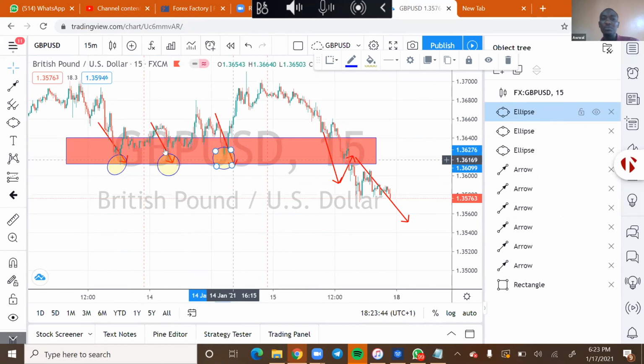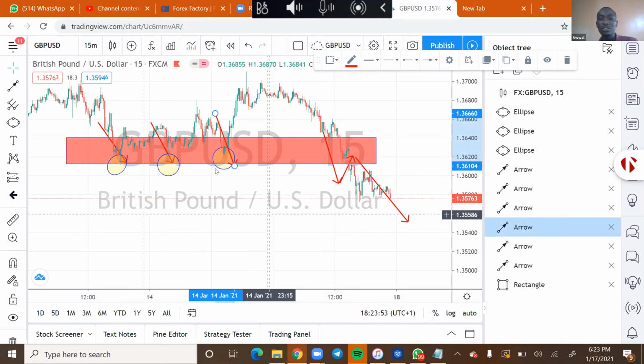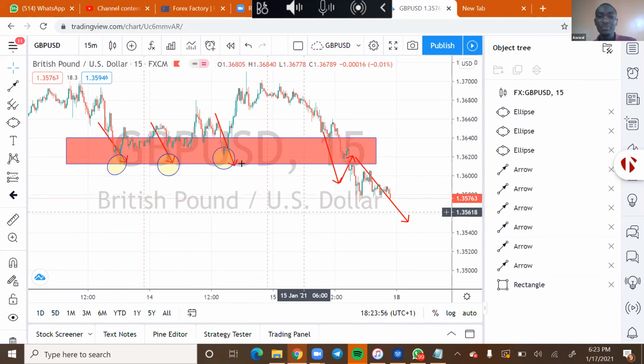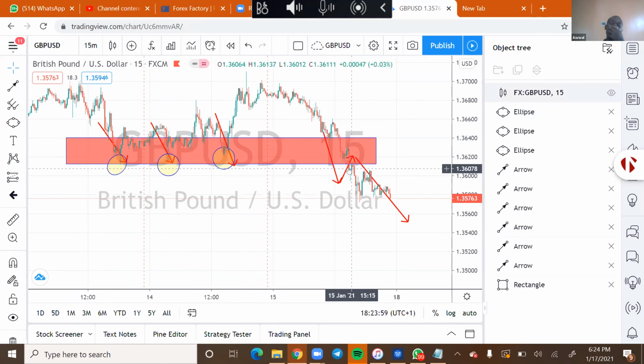But if you notice, at the fourth instance that price came to that place, price actually broke that area, guys. Price broke that area and it came back to it. So whenever price breaks a support area, it automatically becomes a resistance.